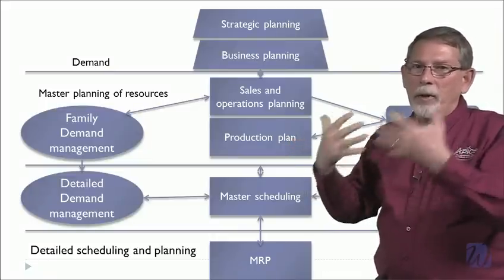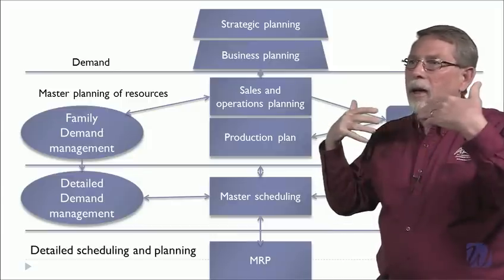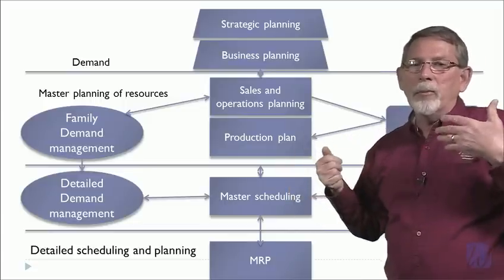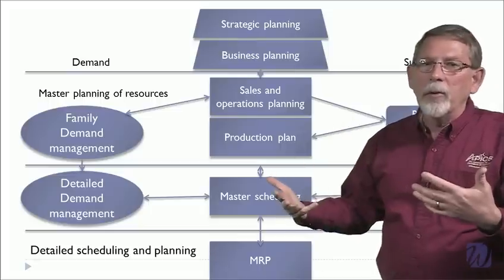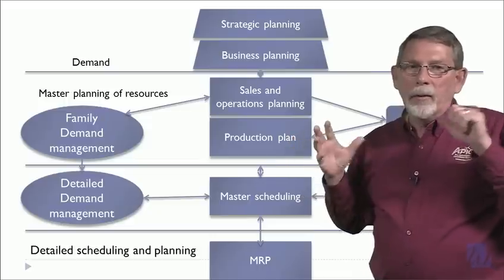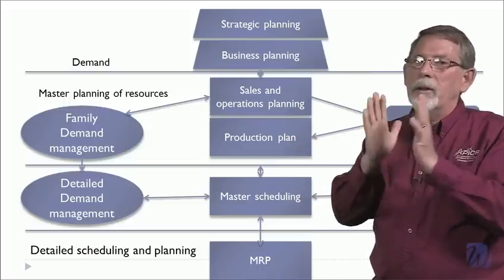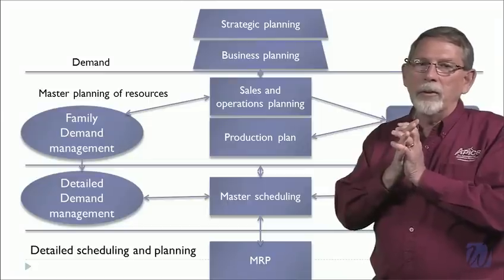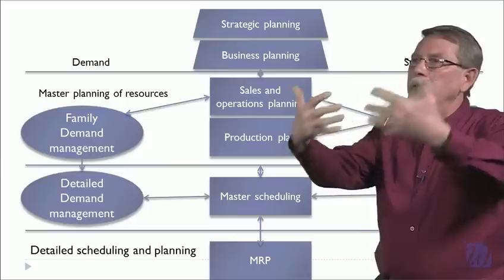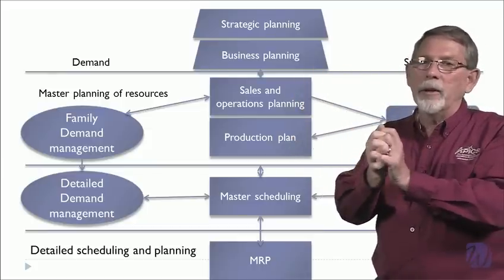Then, once we have the business plan, we need to know, okay, what does that mean in terms of product? What does that mean in terms of what I'm going to build and how I'm going to build it? So we come up with the first detailed module, which is master planning of resources. It looks at the first breakdown of the business plan, and the first breakdown is the family level of products.